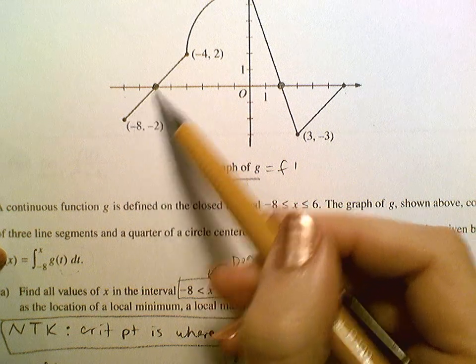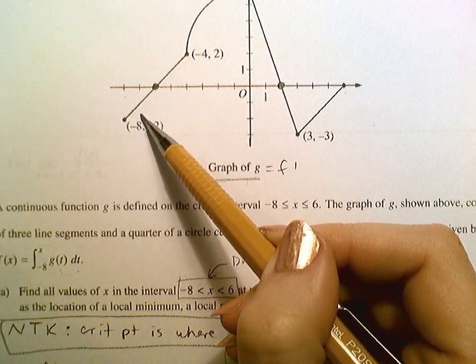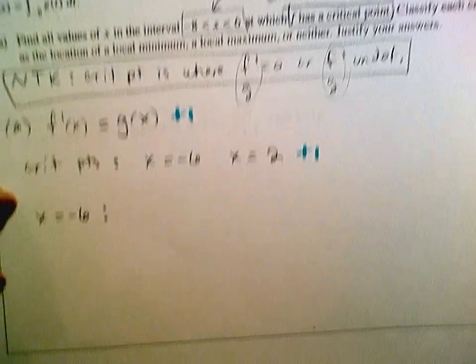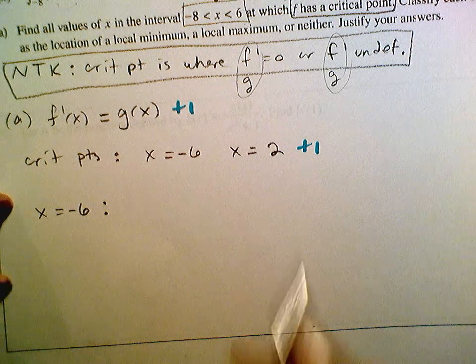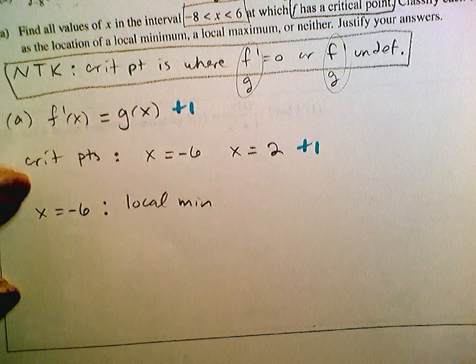If f prime is changing from negative to positive, that means that f is changing from decreasing to increasing. So this would correspond to a local min.